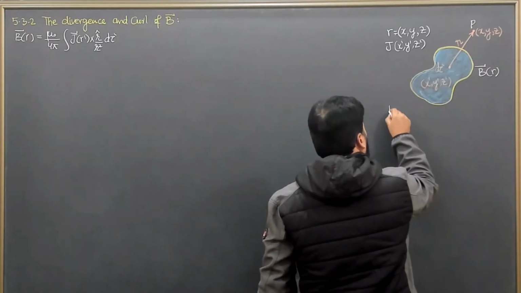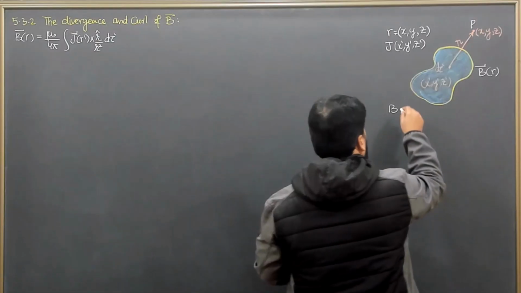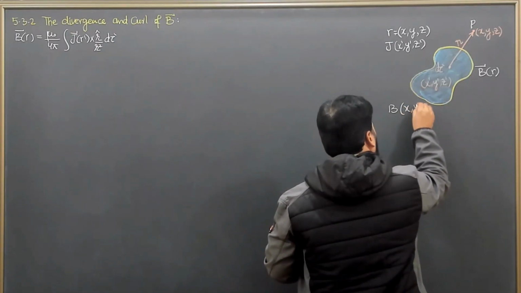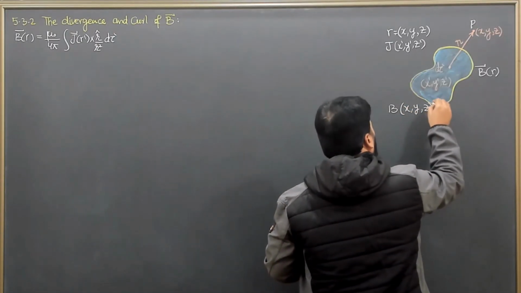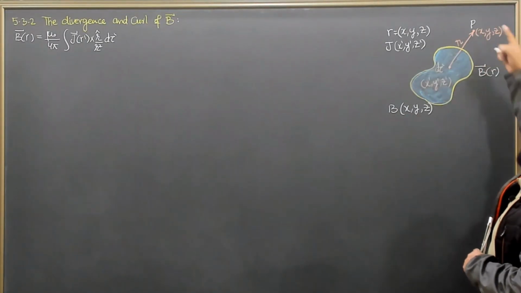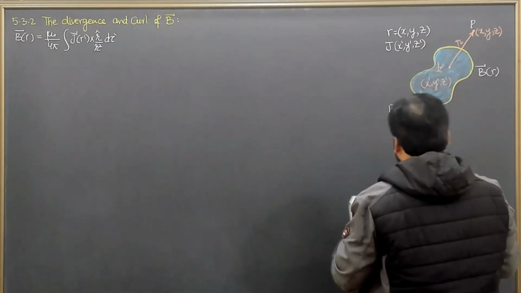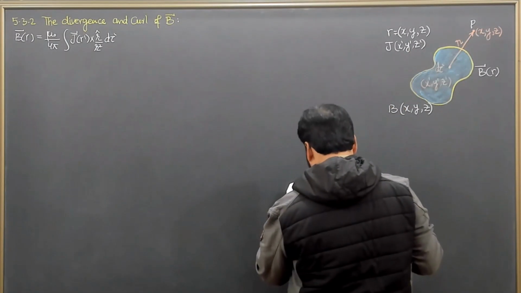B is a function of x, y, z, because we are finding the magnetic field at point P, which has the coordinates x, y, z, and J is a function of the prime coordinates.